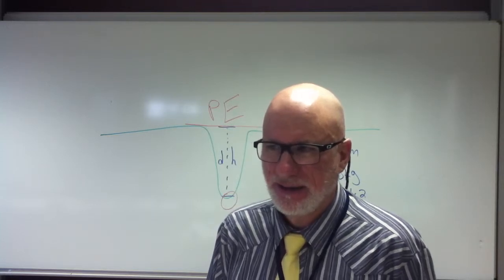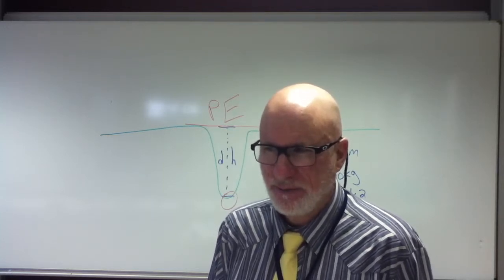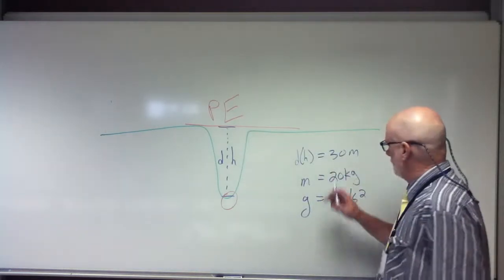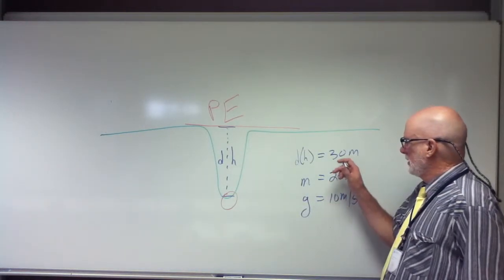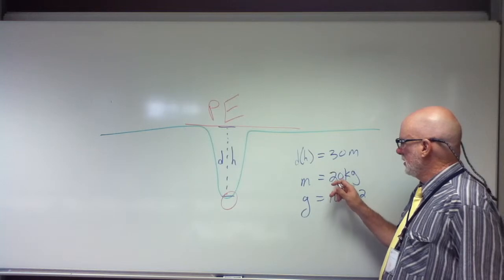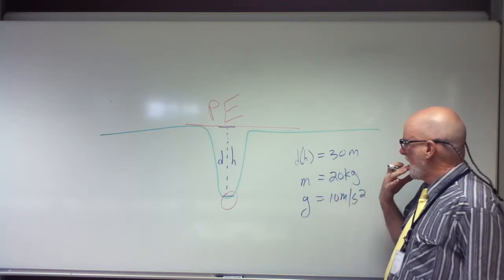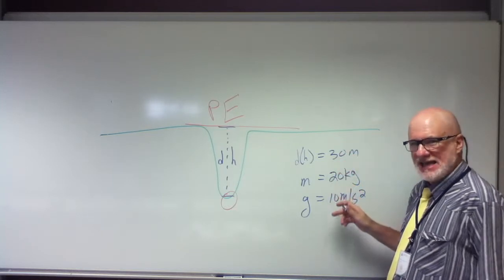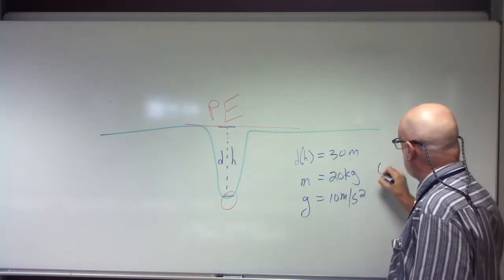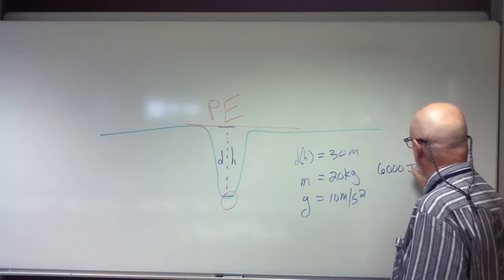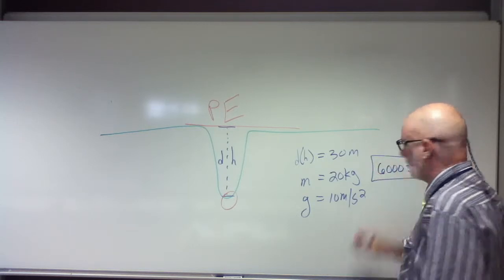Which is 600 still? 30 times 20. Oh, 6,000. 6,000 times 20 times 10. So it has 6,000 joules when it hits the ground.